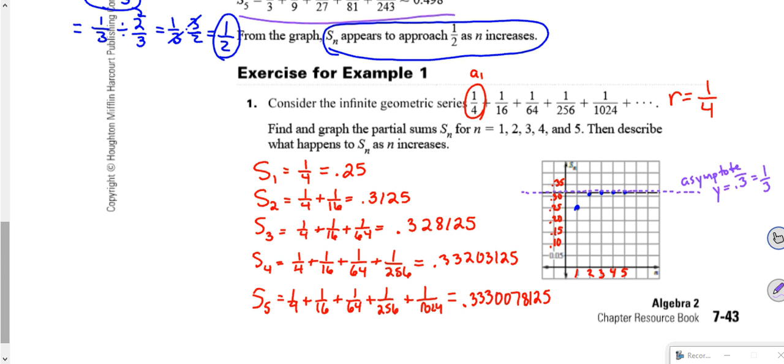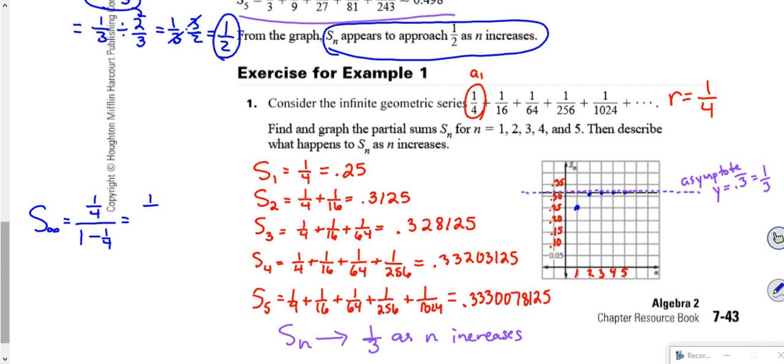Now let's test that. It says find and graph the partial sums, then describe what happens to Sn as n increases. So Sn approaches 1/3 as n increases. At least that's kind of what it looks like to me. Well, let's test it out using the formula. The sum of my infinite series would be the first term, 1/4, over 1 minus r, which is also 1/4.